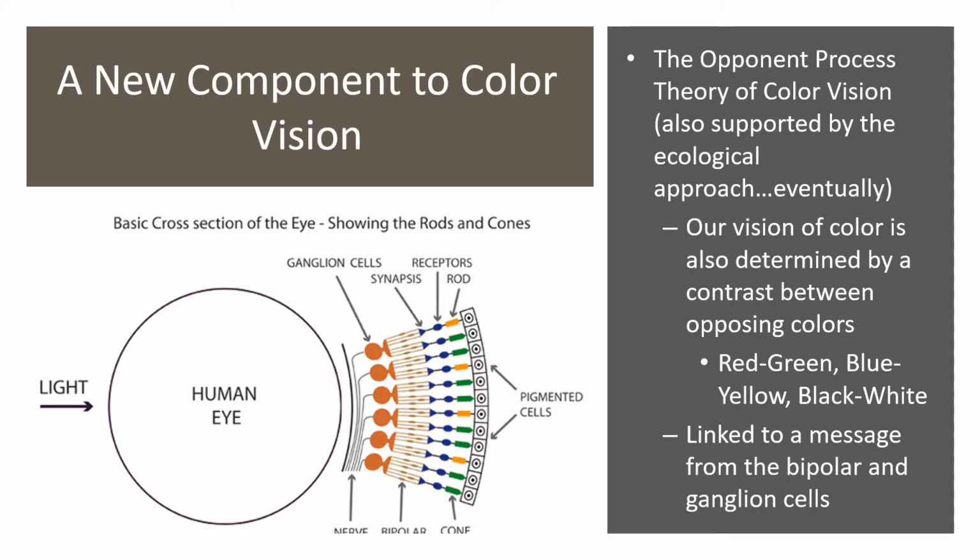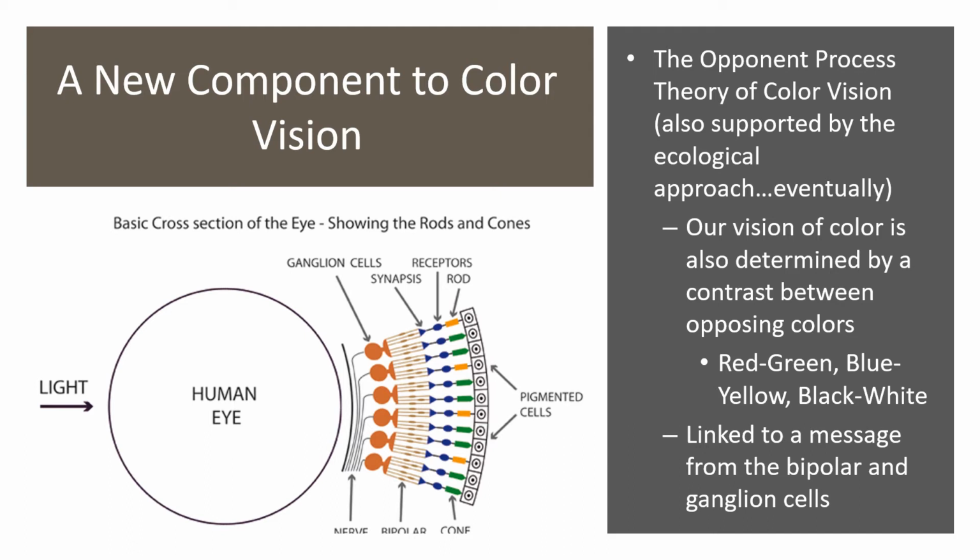One of the ideas that started to really be pushed was this concept called the opponent process theory of color vision. It suggested that maybe, in addition to signals coming from cones, we had extra signals coming from other cells, potentially in our eyes, that were telling us about contrasts.